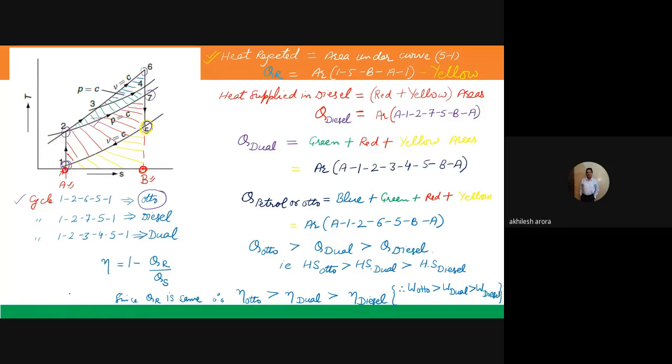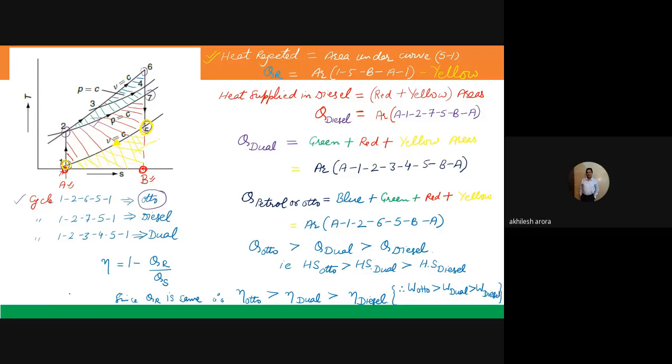This is the arrow. Okay, I'm drawing it in yellow color. So this is the arrow, and the area under this curve is heat rejected for all three cycles actually. So all this area, okay, this is heat rejected. I can represent it as QR.